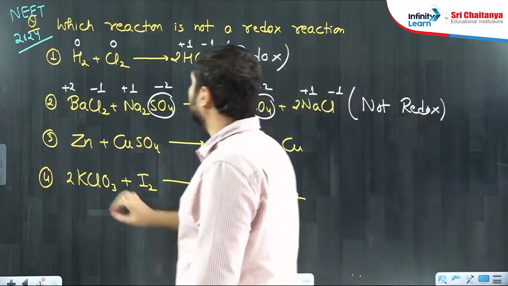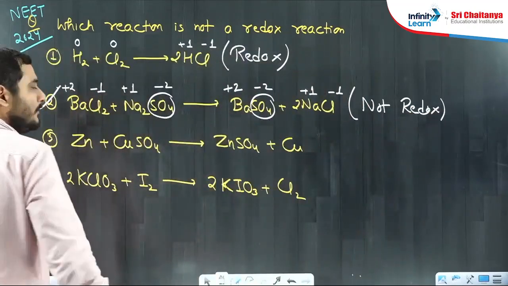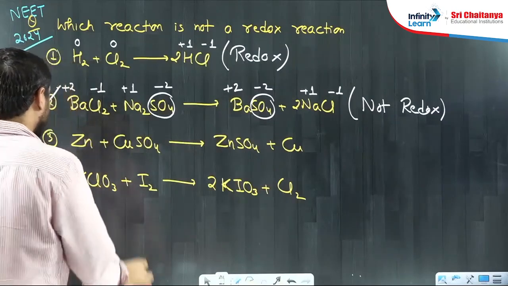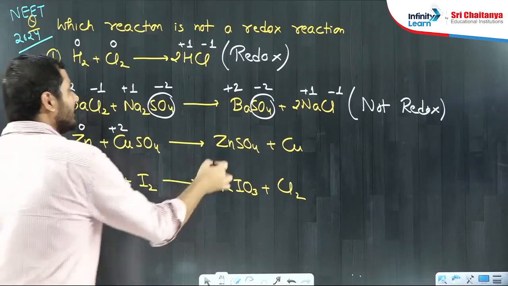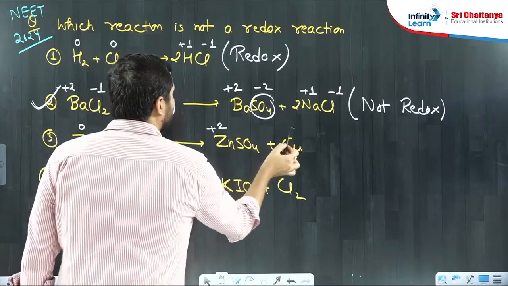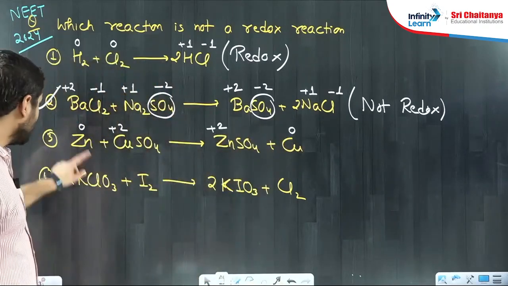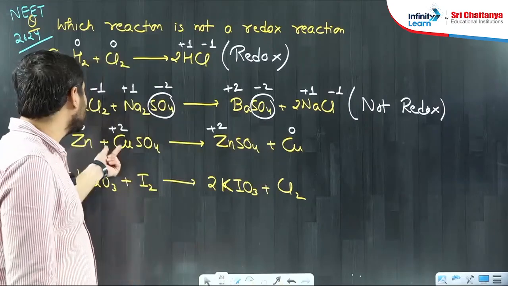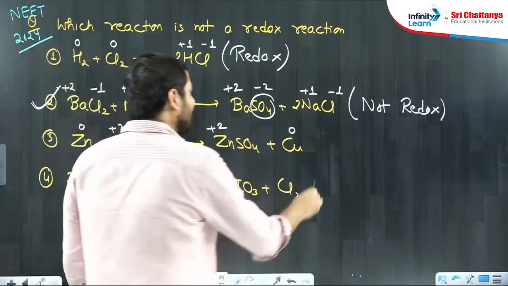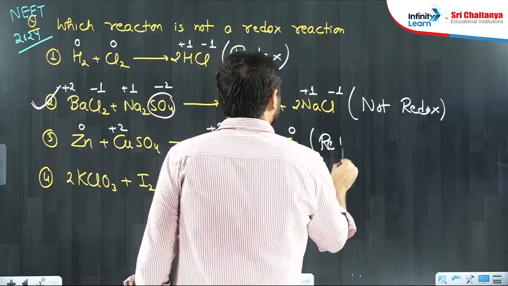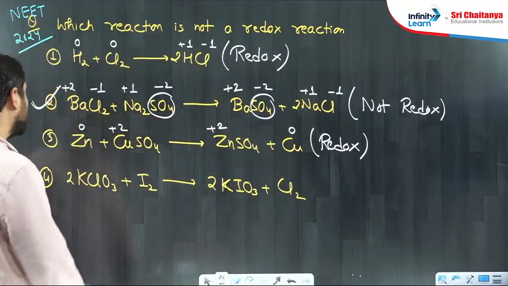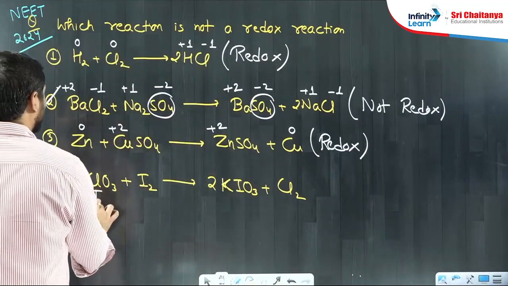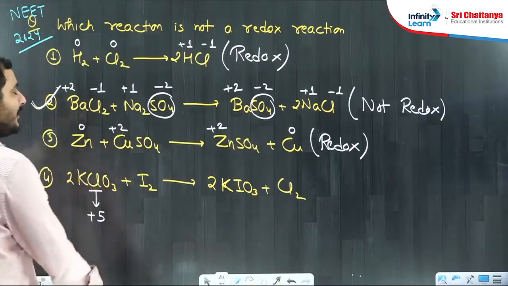So what will be the answer? Second option. If we move to the third option, Zn in elemental state is 0, CuSO4 copper is plus 2, ZnSO4 zinc is plus 2, and copper is 0. So zinc is getting oxidized, copper is getting reduced. So this is a redox reaction. Moving to the next, in KClO3, the oxidation number of chlorine is plus 5.